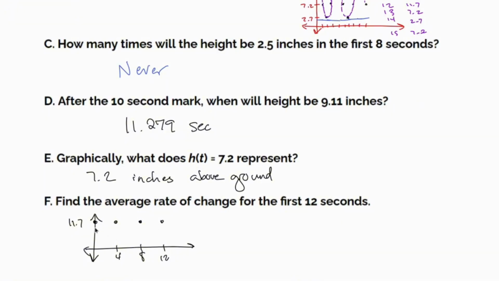So how much has it changed from 11.7 inches above the ground to 11.7 inches above the ground? Nothing. Nothing inches per second. So, good job, me.